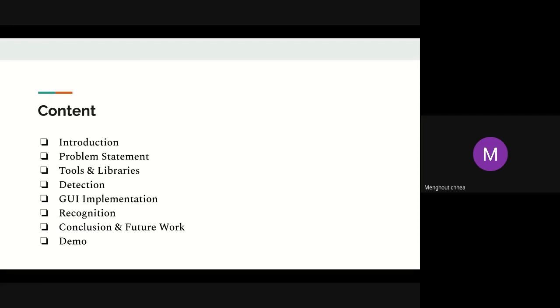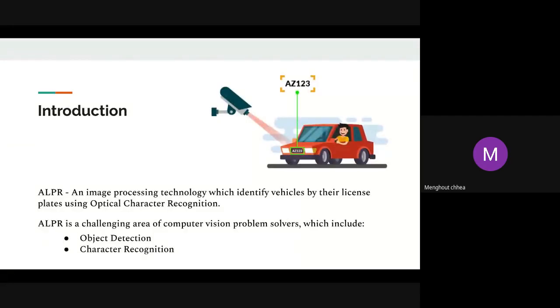And then we're going to give you a summary of the method that we use to build this project, as well as talk about the future work and show you the demo. So, license plate localization and recognition. Another terminology is ALPR, which stands for automatic license plate recognition.